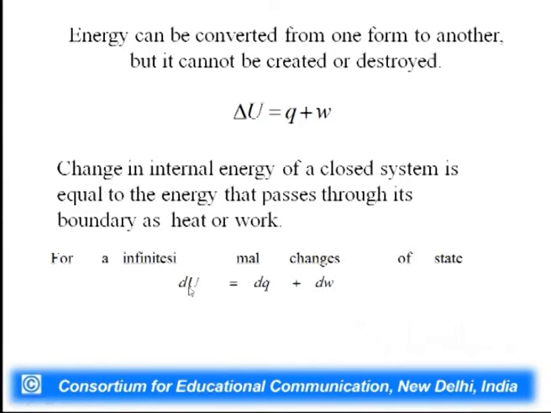The differential of U, which is internal energy, is equal to dq, meaning heat supplied or heat evolved, plus dW, work done by the system or work done on the surrounding. This is our first law of thermodynamics.